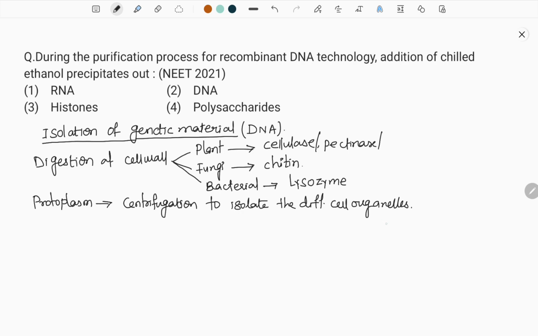They isolate according to their densities by the process of centrifugation.